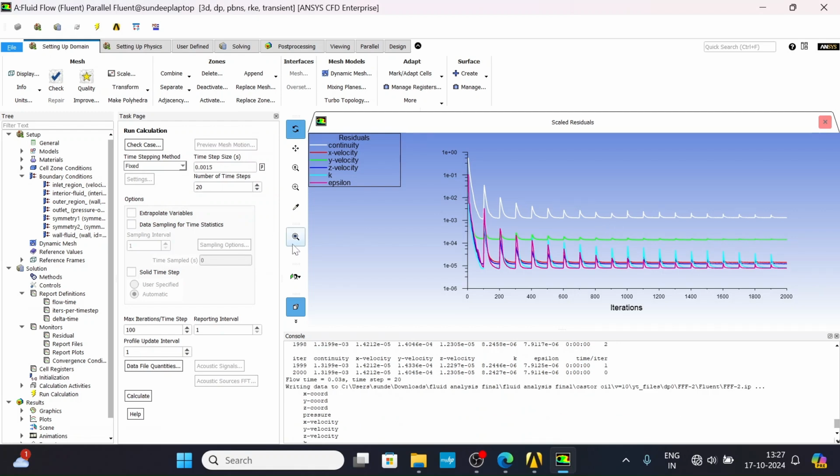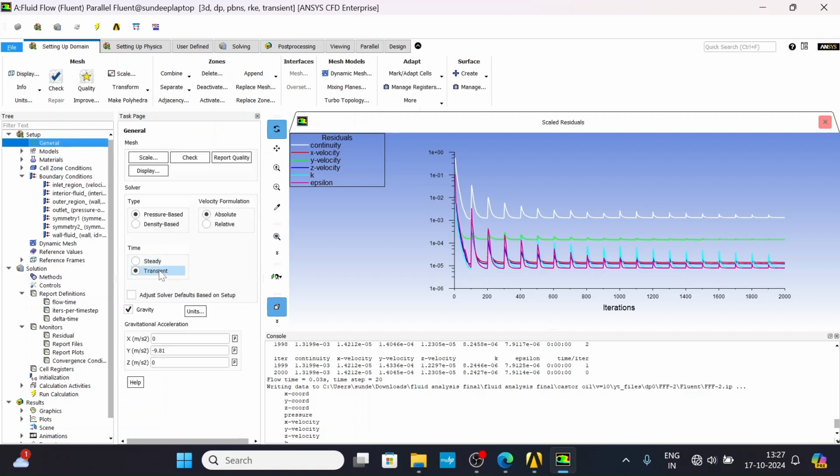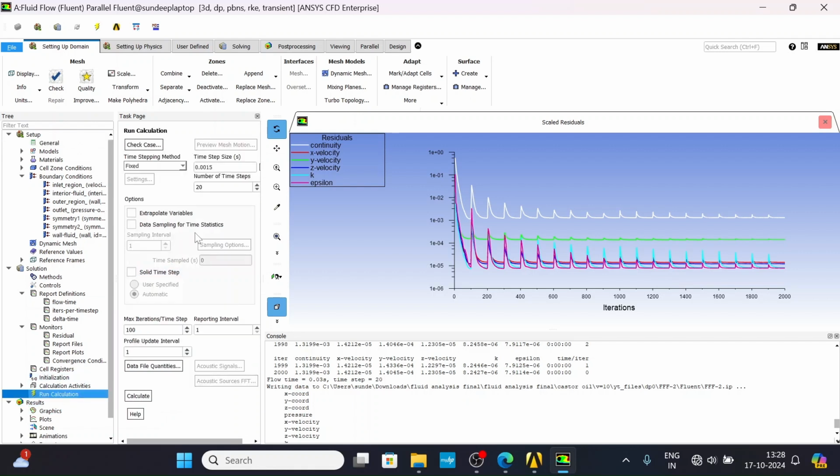If you see the residual part, the graph isn't changing much except for k. All the remaining variables, continuity, x, y, z, and epsilon, those graphs are not changing much. That's the reason one can take steady state or transient state. I have taken transient state.